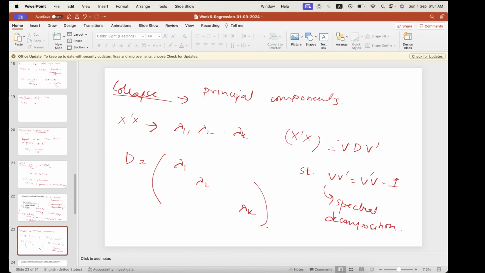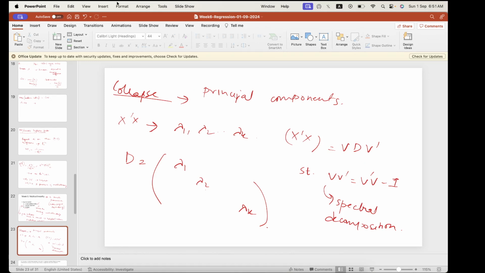So this entire k cross k matrix X prime X can be decomposed into V D V prime.